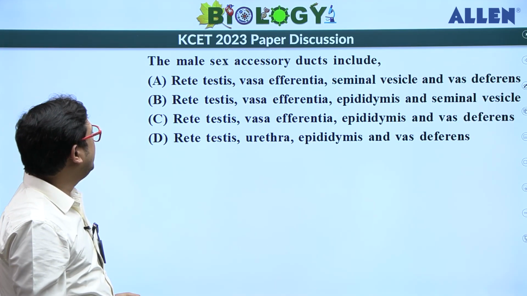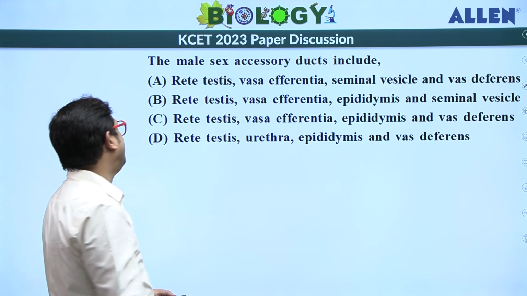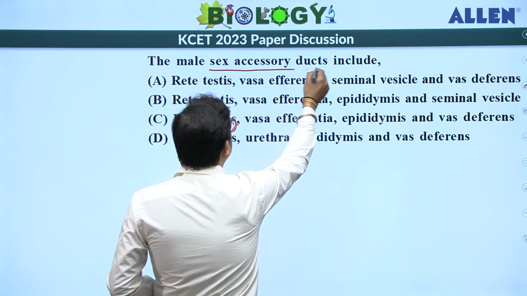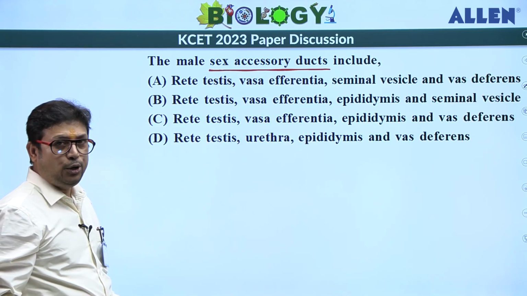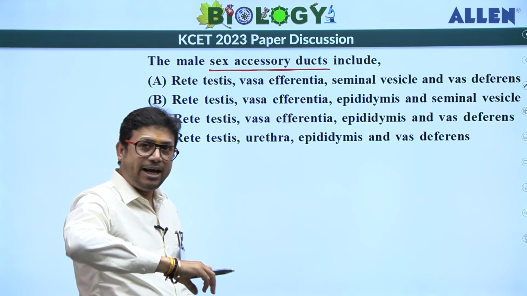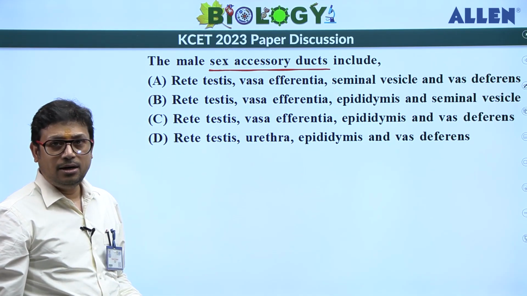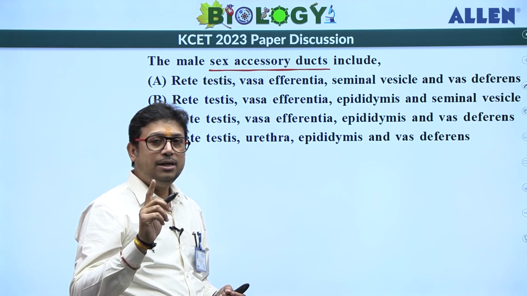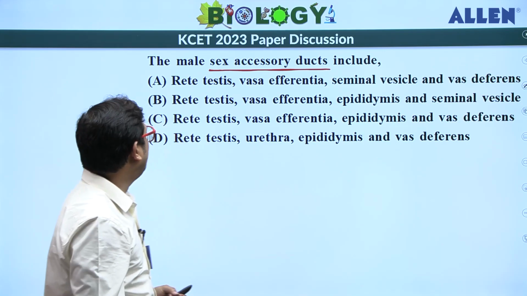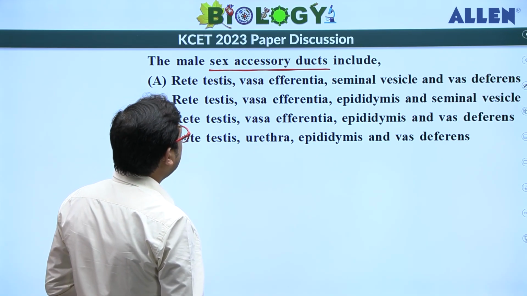Next, the male sex accessory duct. The primary structure is the seminiferous tubule, where the sperms are being produced. Now, the sperms are being taken by certain ducts. Those ducts are called accessory ducts, which only transport the gamete but do not produce it. So rete testis, vasa efferentia, epididymis, vas deferens.